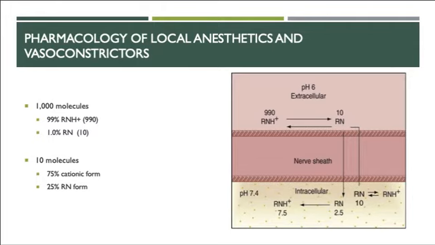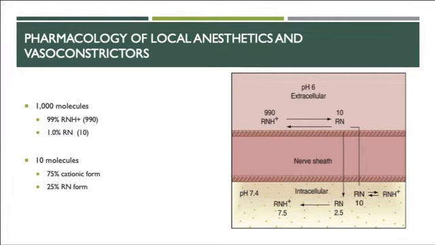Let's say the pH of infected tissue is around 6. And let's say, for the sake of simplicity, that we are dealing with 1,000 molecules again of local anesthetic. At this tissue pH, approximately 99% of the molecules are present in their RNH plus or cation form.